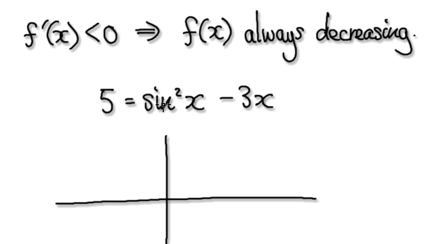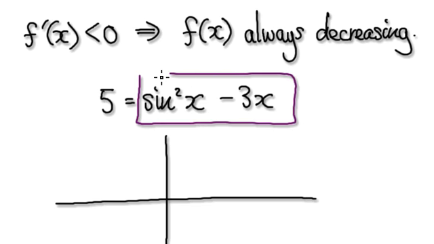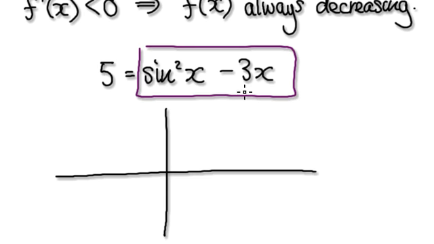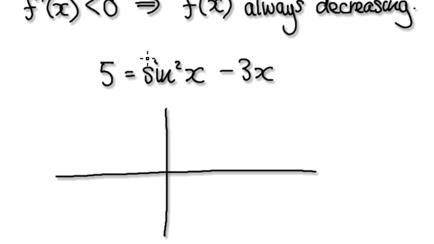But you can actually have a rough understanding of this graph, and sketch it roughly. So you've got sine squared of x minus 3x here.